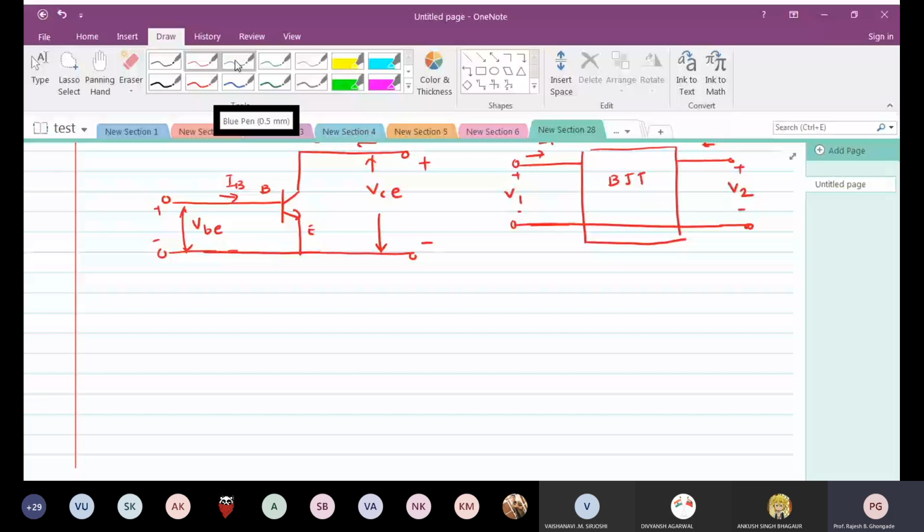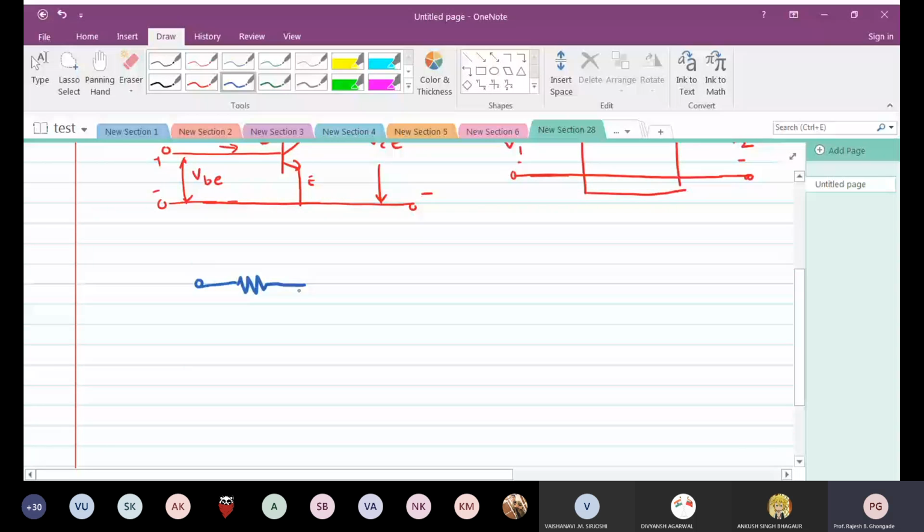Okay. So now we will convert this into its H parameter equivalent, the H parameter model. Again, in terms of the two-port network, it can be represented as a voltage source and a current source.